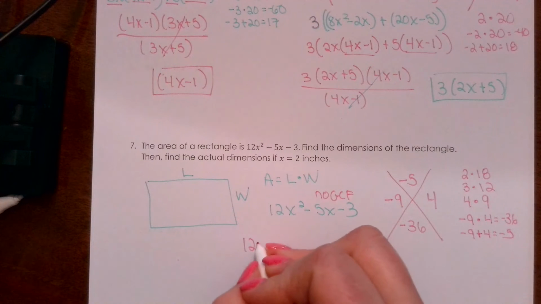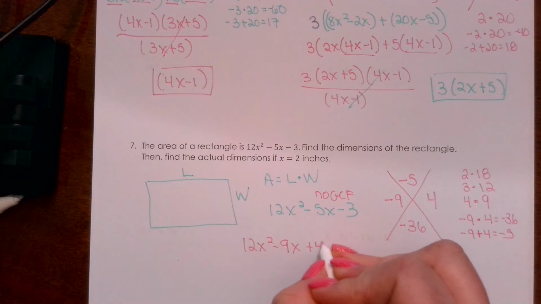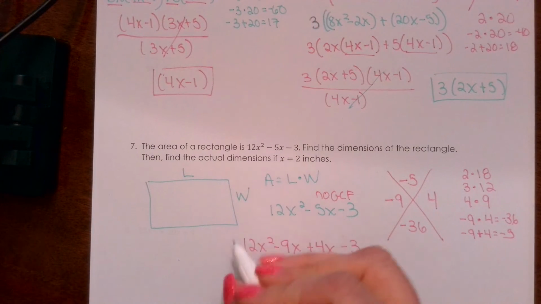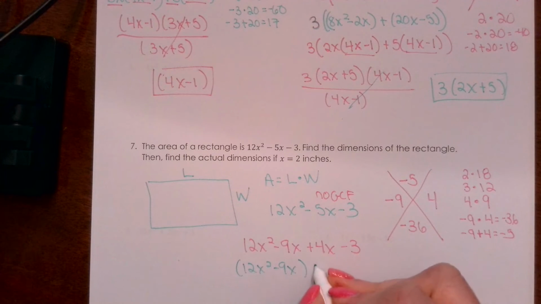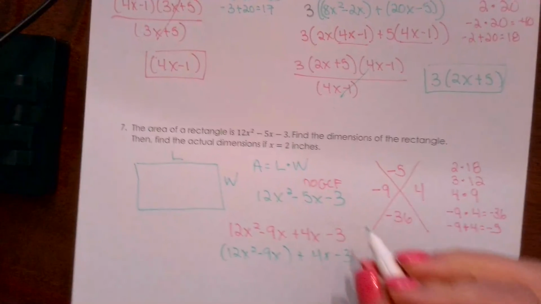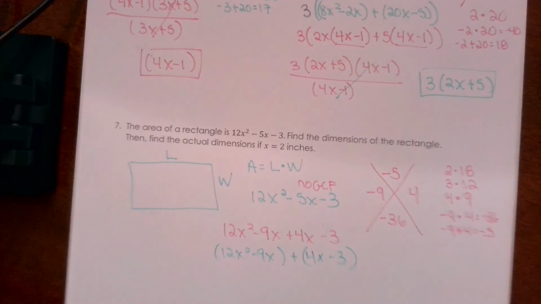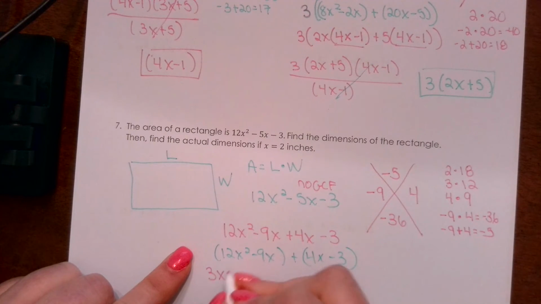Let's rewrite this. 12x squared minus 9x plus 4x minus 3. Put it into two pairs. Now, let's pull out, let's see, it looks like I can get a 3 out of here and an x. 12 divided by 3 is 4. 2 minus 1, we got x.